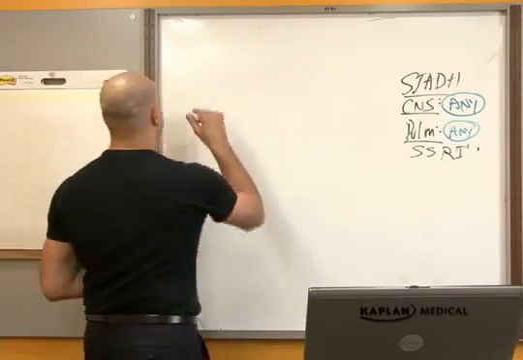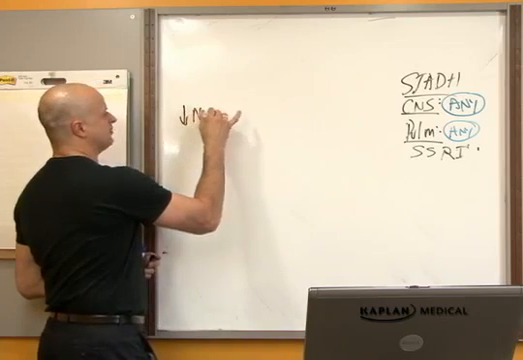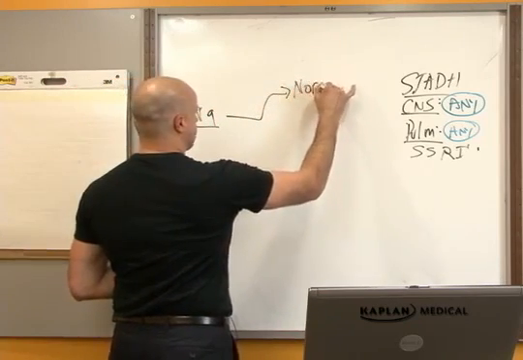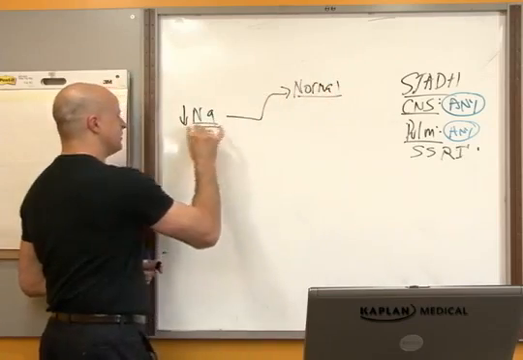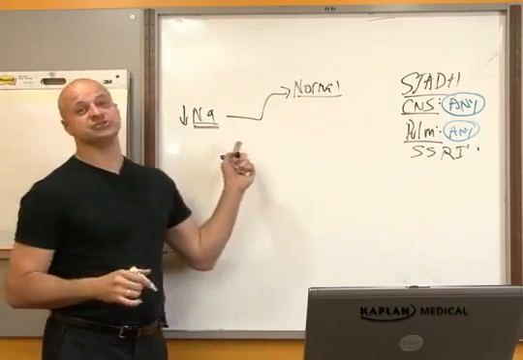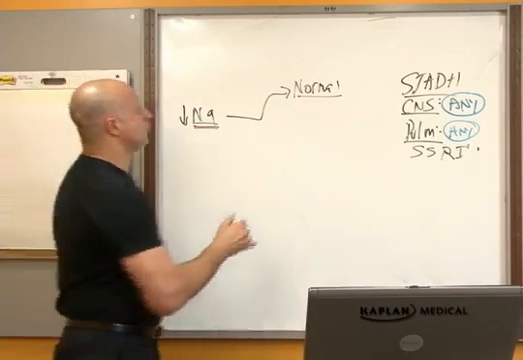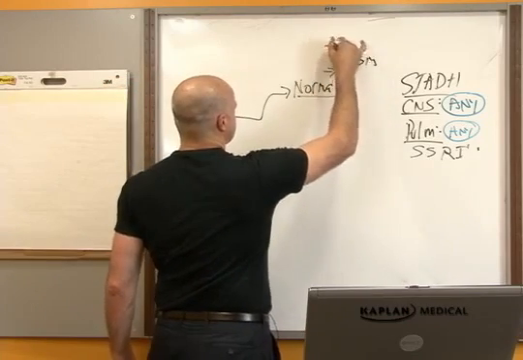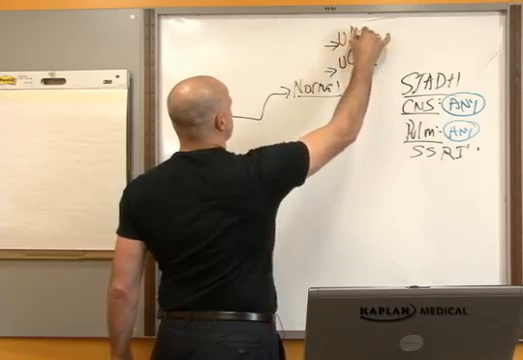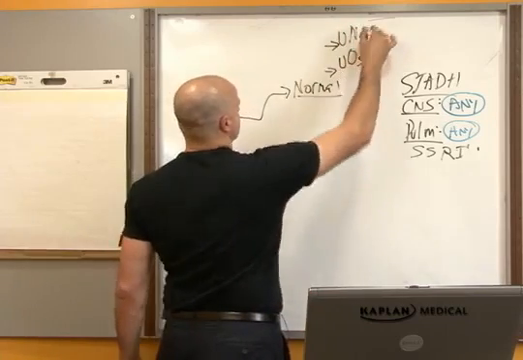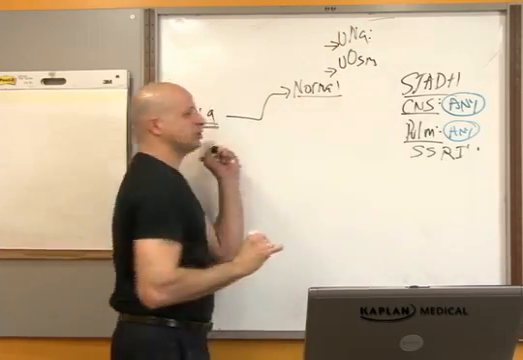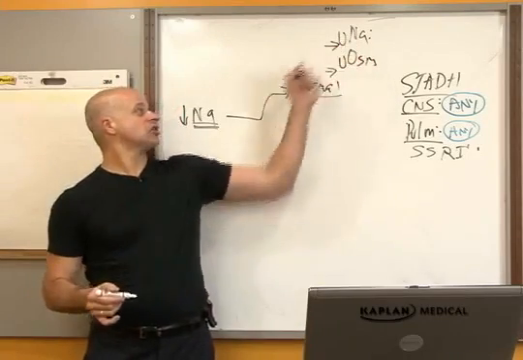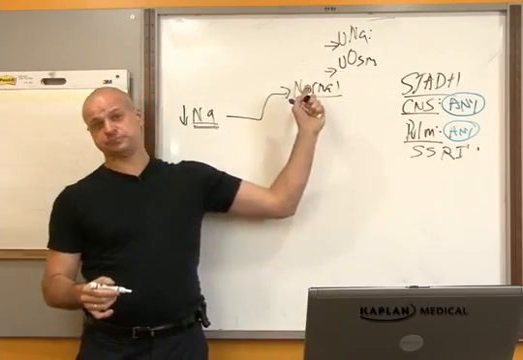Now, a normal person, if they had a low sodium, which means automatically a low osmolality, what type of urine sodium should they make if they got a low serum sodium? High or low for a normal person?